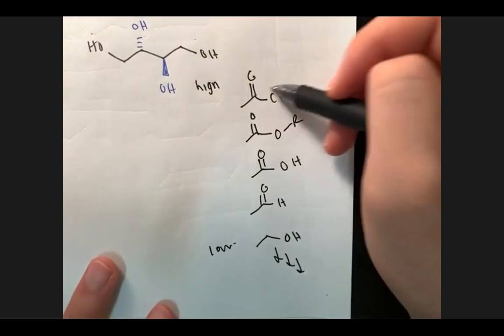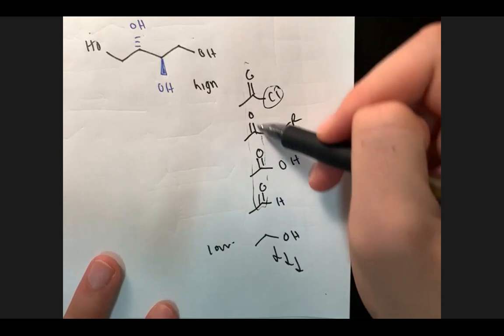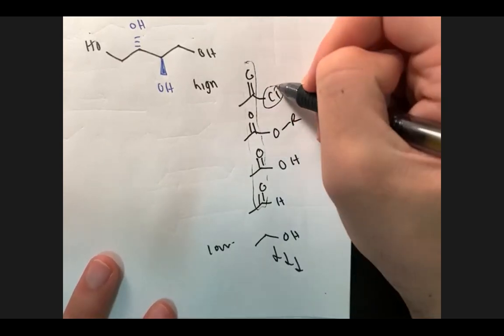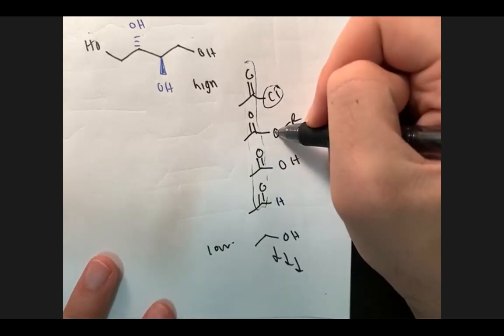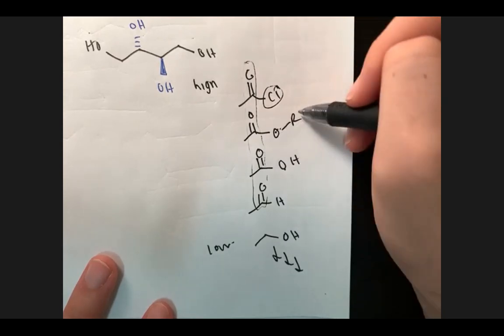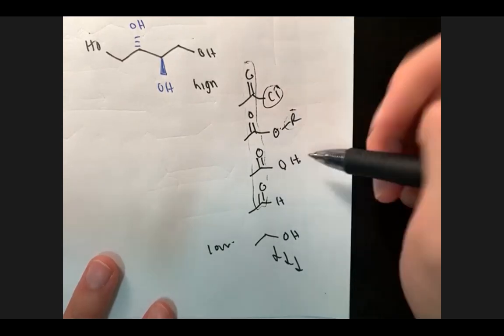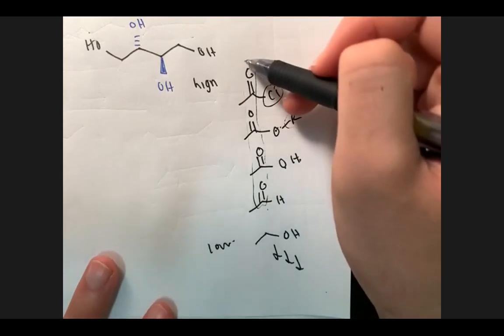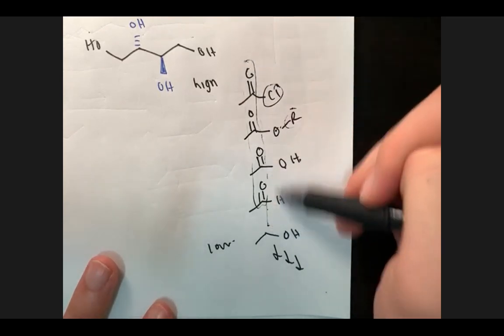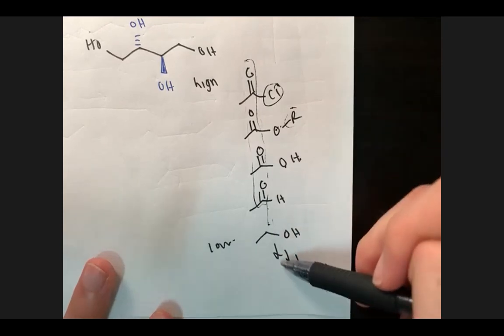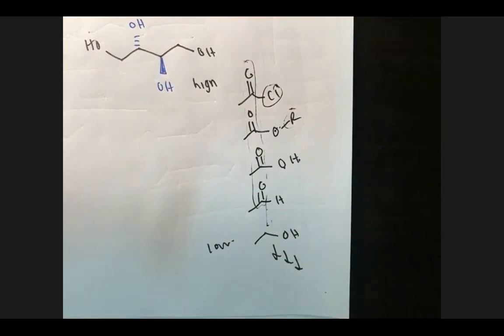This is priority, from highest to low. And you can just see what's changing, all this is consistent, so that's not going to help me determine anything. But chlorine is a higher atomic number than oxygen. And then this oxygen is better than this one because this one has more carbons attached while this one has hydrogens attached. And this one doesn't even have that oxygen. So you can see in terms of what's attached, you can dictate that priority. And then there's more and more going down, in even other types of atoms. Okay, so Charles, hopefully that answers your question.